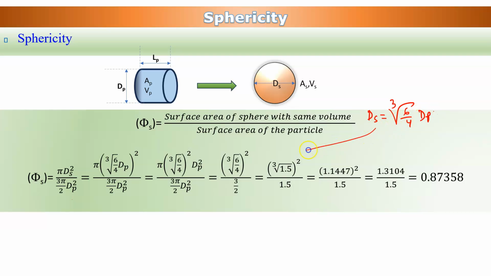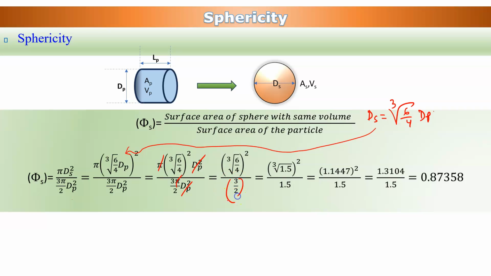So we plug this value here, and we get the cube root of 6 by 4 times dp, whole square. Now if we do the simplification, dp square and dp square cancel out, pi cancels out, so 3 by 2 will be in the denominator.